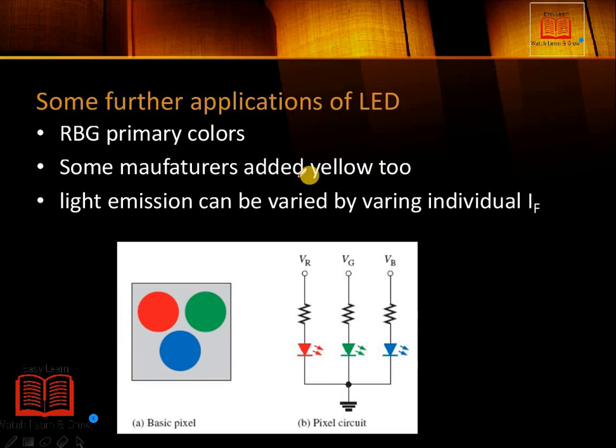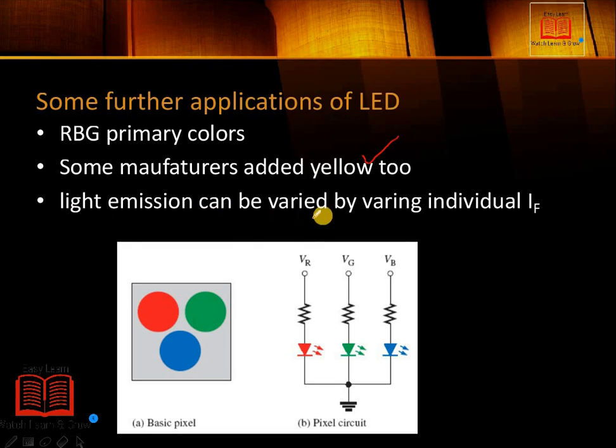But some manufacturers added yellow too, because if we had only two, let's say red and green, how many combinations could we achieve by varying their intensity? They are less, of course. If we add blue and have three colors, we can manage more combinations. So some manufacturers also added yellow to achieve better resolution, more color combinations. So that's a way of achieving more combinations.